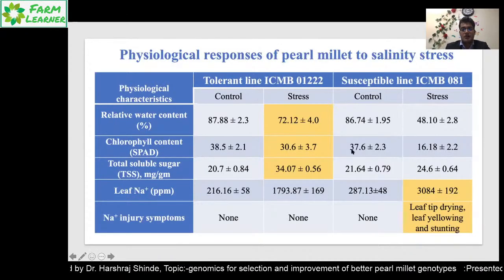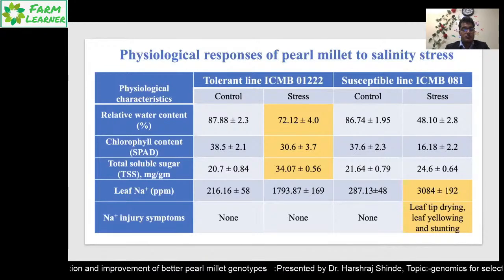On the other hand, the tolerant line still had higher chlorophyll content than the susceptible line. And this was our key finding about the sugar. During stress, the sugar increased in both genotypes, tolerant and susceptible. We think that sugar is the key here.